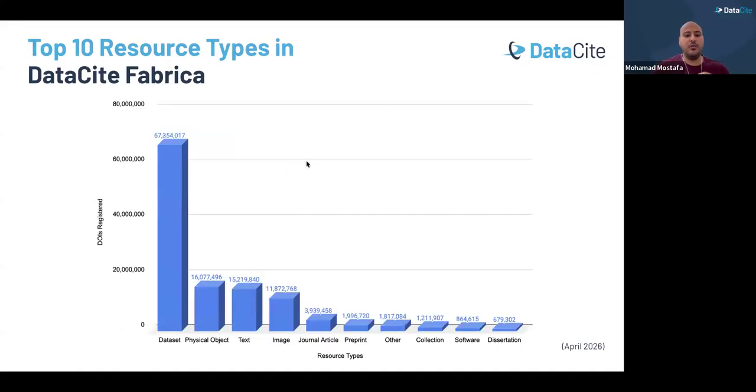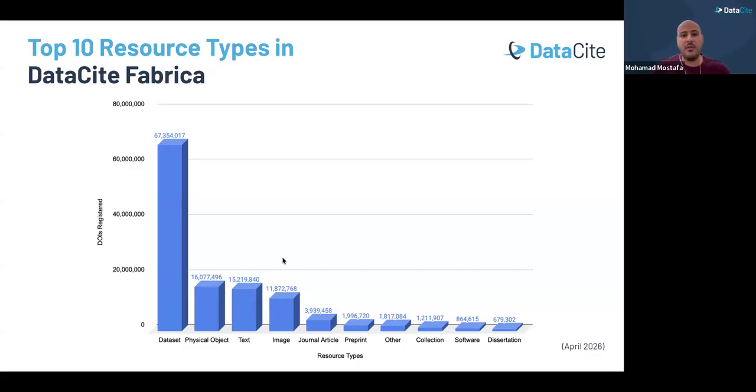I thought to include some slides regarding the evolution of this. As of April 2026, these are the top 10 resource types in DataCite Fabrica, and we can see that software is number 9. So it's acknowledged as a research output, and it's connected also with the scholarly record.